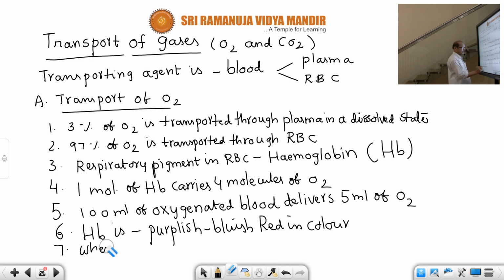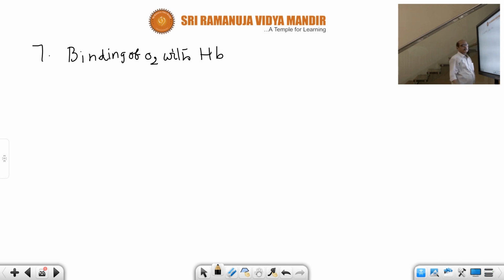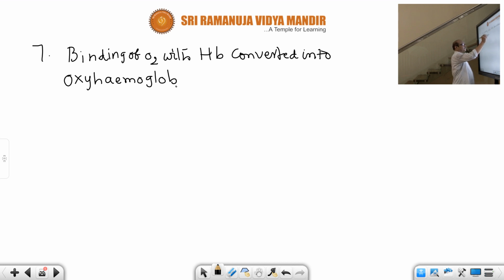Better let us go back to another page because this is very narrow. Binding of oxygen with Hb is converted into oxyhemoglobin.